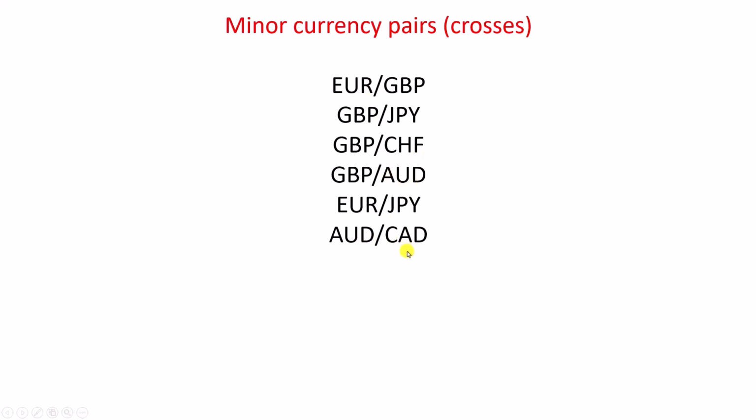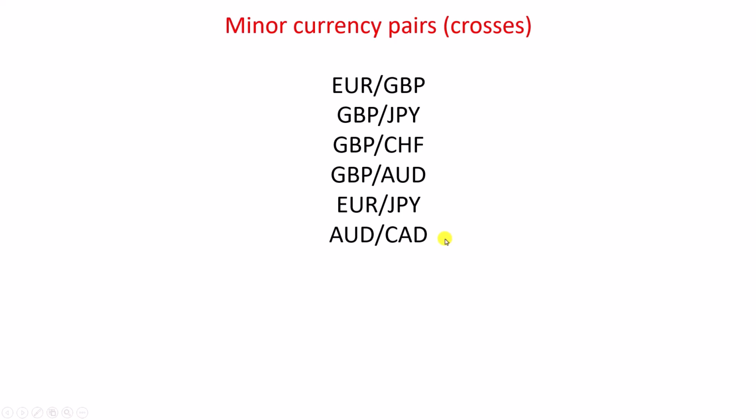All these are from the list of major currencies, but we do not have USD here. So if a currency pair has both currencies from the major currencies list except USD, then it would be called a minor currency pair. Minor currency pairs also have liquidity but not as much as the major currency pairs.